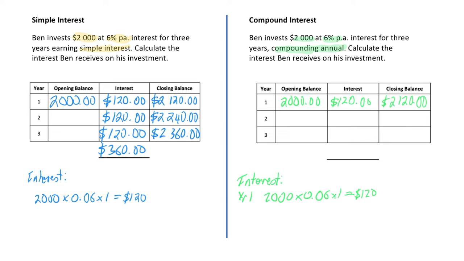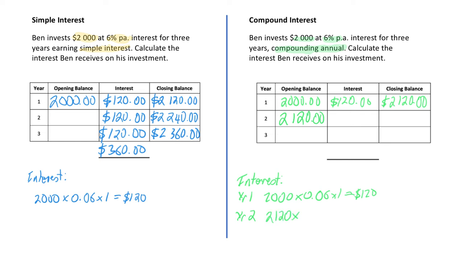For year 1, it's the same because it hasn't compounded yet. But then at the end of year 1, it's going to compound because we know that it's compounding annually. So for year 2, the opening balance actually becomes $2,120. So when we come to do the interest calculation for year 2, we have a new principal amount that we can use.